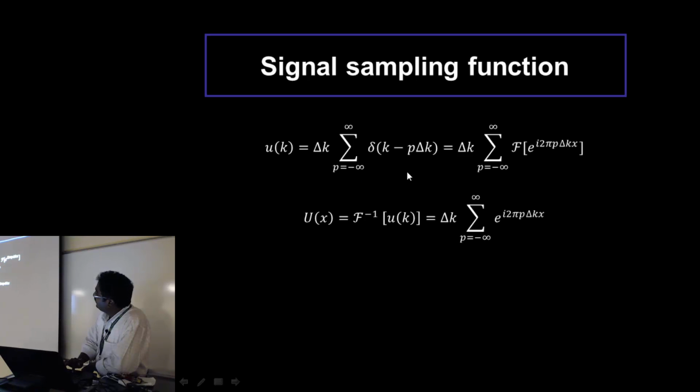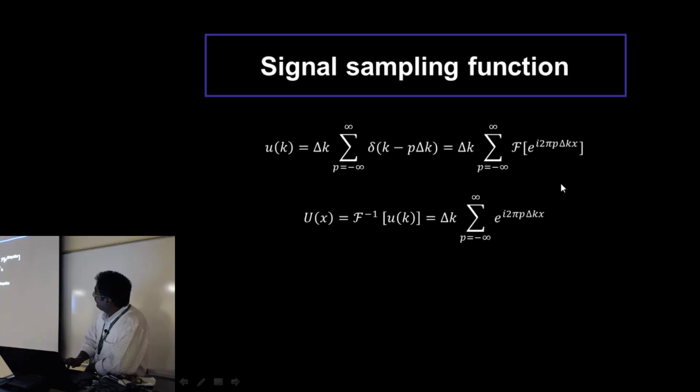So first this is basically your sampling function. Initially we had the integral of rho x dx from minus infinity to infinity, which is equal to 1 at x equal to 0, right? So we're just changing that to its discrete form. That's why the dx is replaced by the dk. I mean, in this case we're writing this in k space, so you have the k variable. So dx or dk is replaced by delta k, and the integral is replaced by the summation.